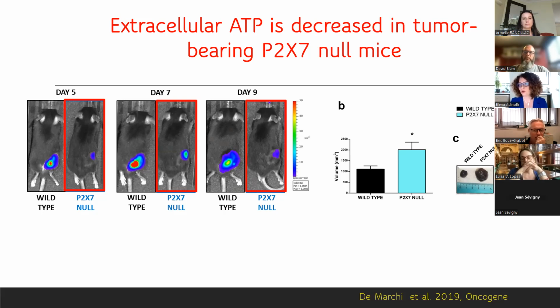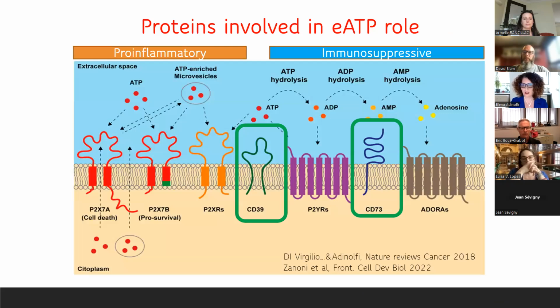Therefore, we talked about adenosine, and we talked that this decrease in extracellular ATP could be due to an increase in immunosuppression. So a reduction in the inflammatory activity due to the degradation of extracellular ATP by ectonucleotidases. And I don't need to go in details about ectonucleotidases because we just heard about it.